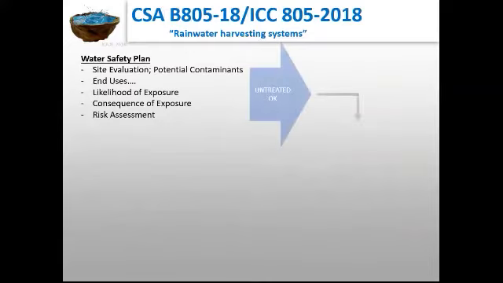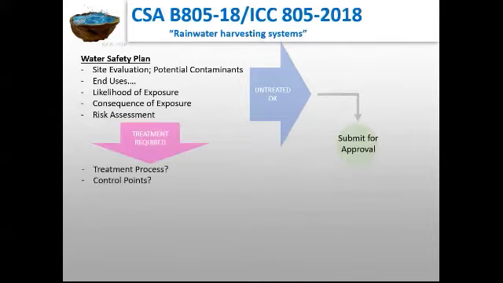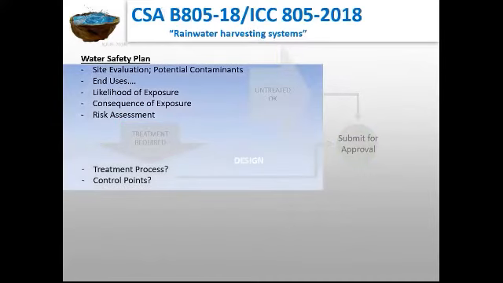And if untreated water is going to be okay for the end use, then it goes and is submitted for approval as such. On the other hand, if the water needs treatment, there's a process design, there are control points, and how this is all done, and then that is incorporated into the design and submitted for approval. So this is the design phase as it starts out.